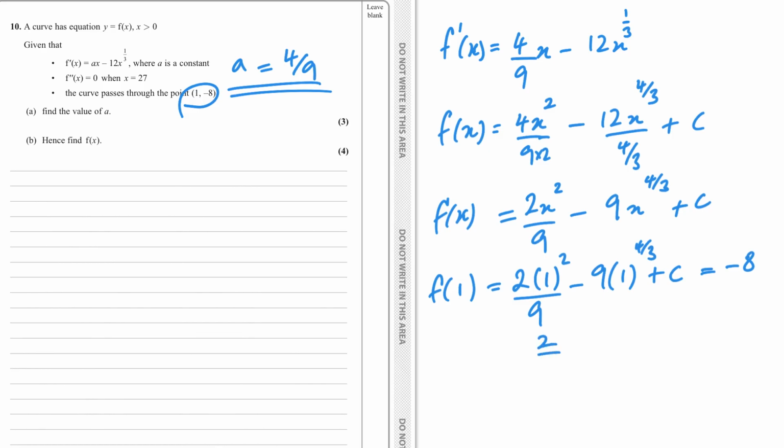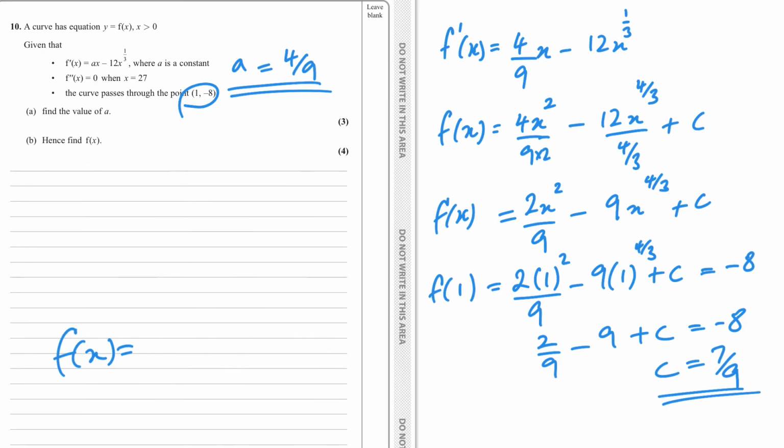So we've got 2/9 minus 9 plus c equals negative 8, and then I just need to rearrange, and that should give me 7 over 9 for c. So f of x equals 2x squared over 9 minus 9x to the power 4/3 plus 7 over 9.